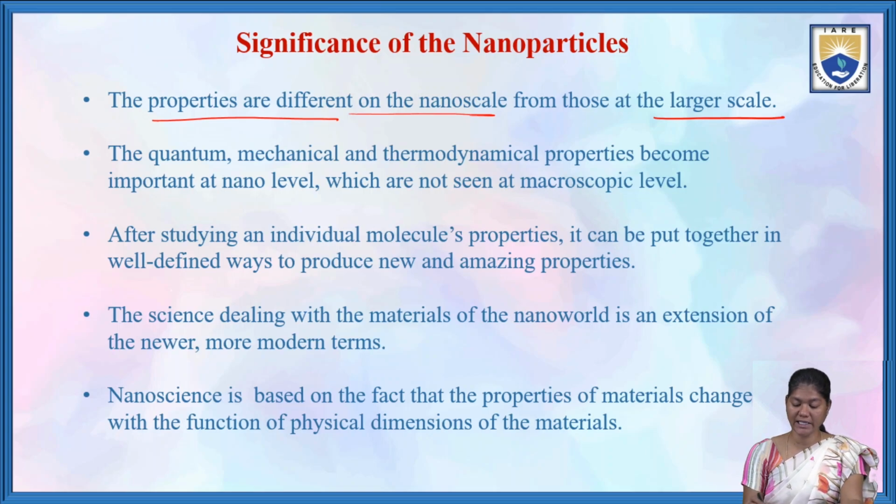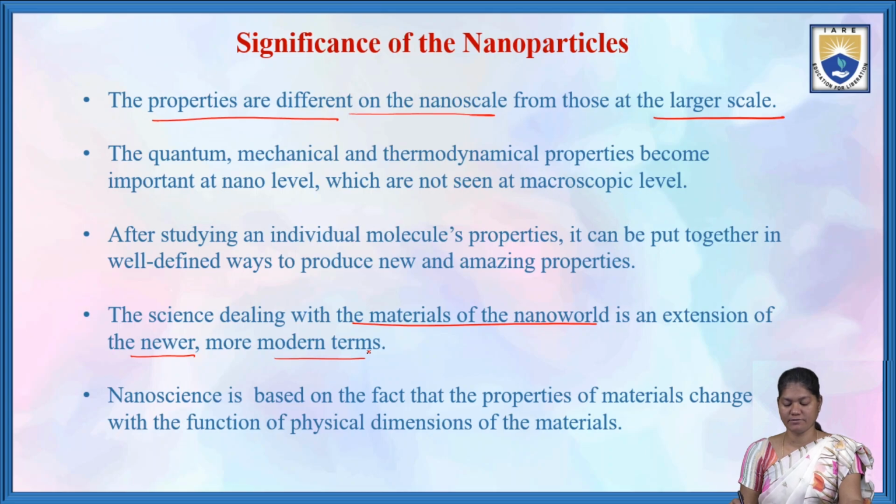So the science dealing with the materials of the nano world is an extension of newer, more modern terms. Nanoscience is based on the fact that the properties of materials change as a function of the physical dimensions of the materials.